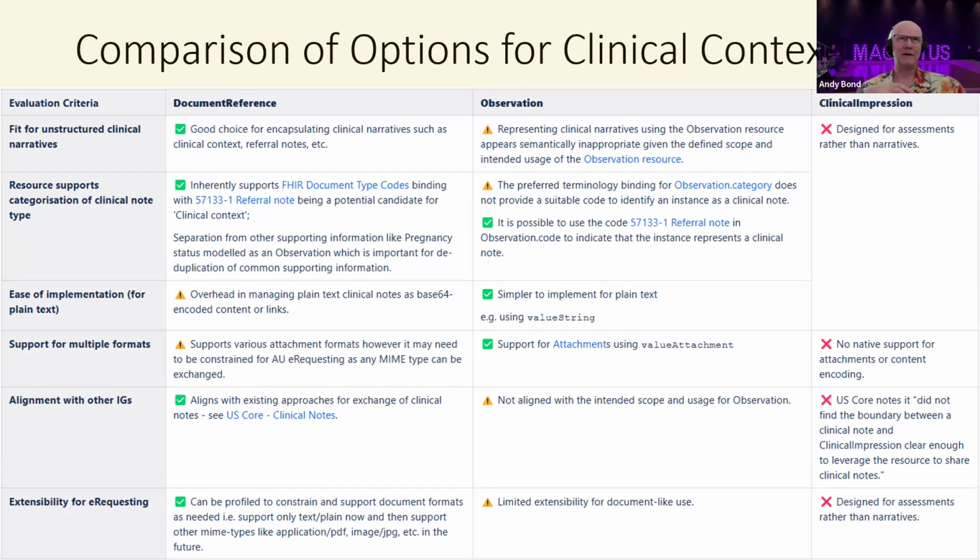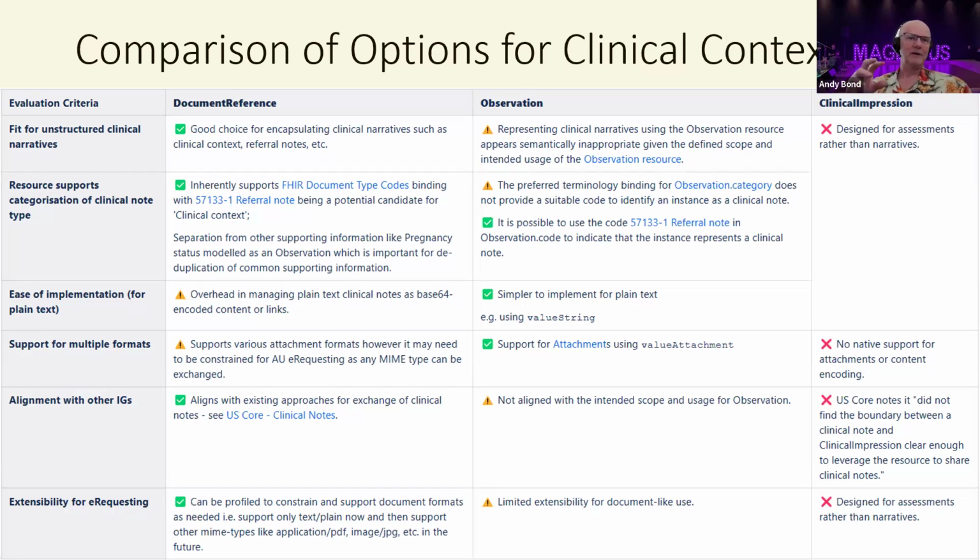We know we're not going to be in a position to necessarily support every piece of clinical context that anyone can think of. We have issues where if as a placer you include clinical context that actually cannot be processed at the filler, then that can create a clinical issue.